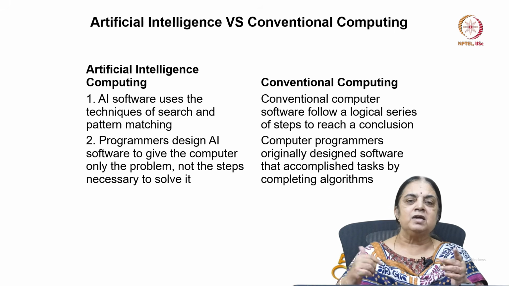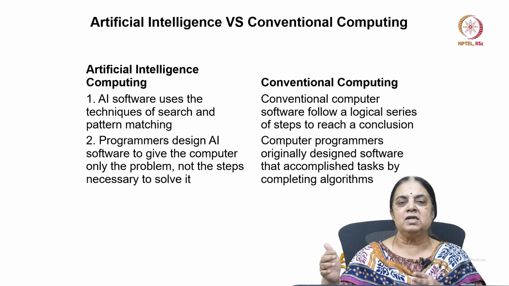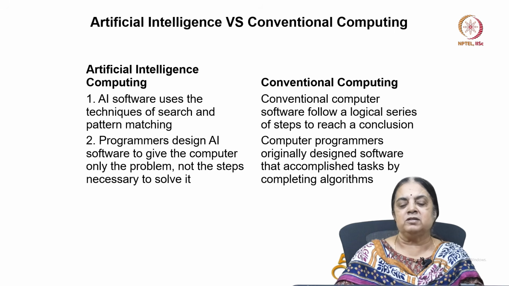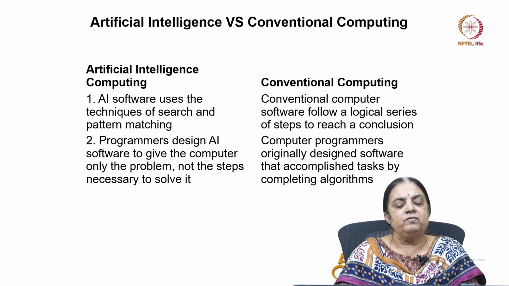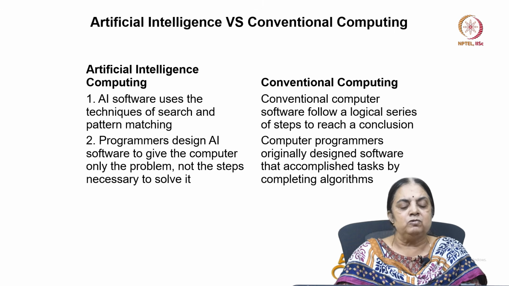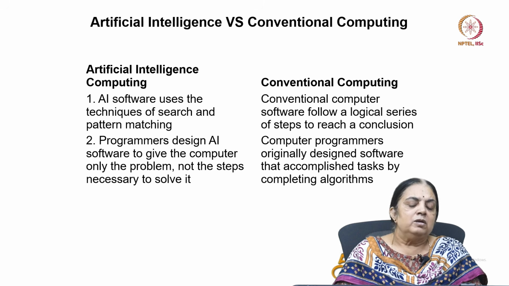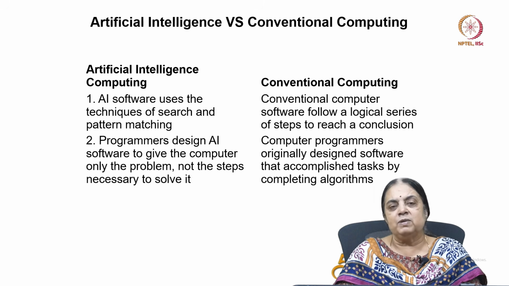So if this is A and this is B, this is C, this is D, then you do this and this is the correlation that you get, etc., right. So you have to give that. Whereas in AI software, you use a technique of search and pattern matching, okay. So that's the difference between the two. You give the computer the problem, not the steps to solve it, basically.